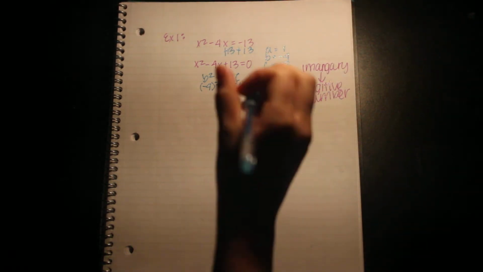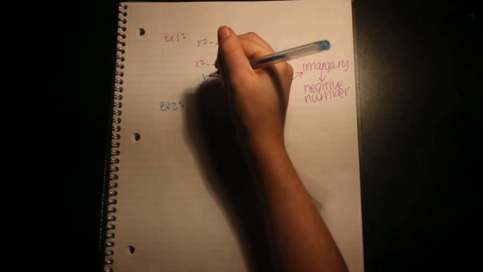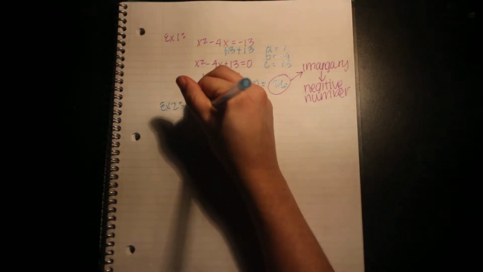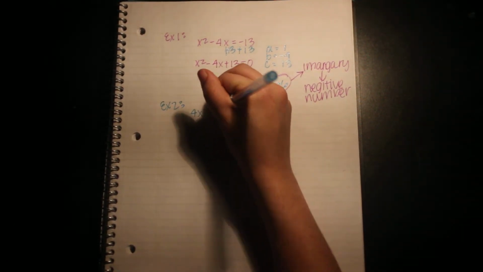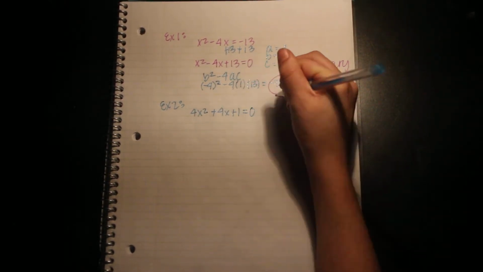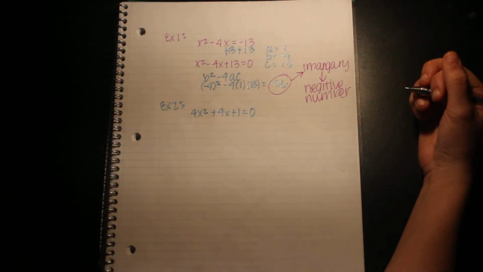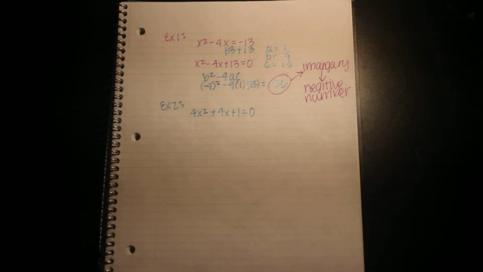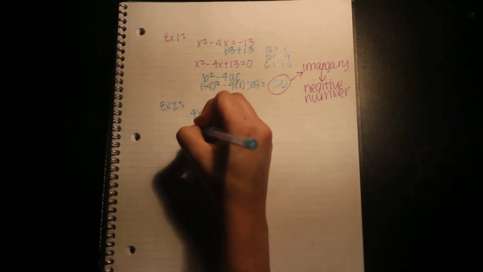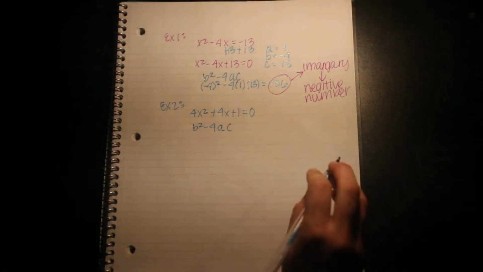Let's go on to our second example. Example number 2. If our equation is 4x squared plus 4x plus 1 equals 0, well, that equation is already set equal to 0, so there's no need to put it in standard form. We can just solve from here. Let's go ahead and put it in the discriminant form.